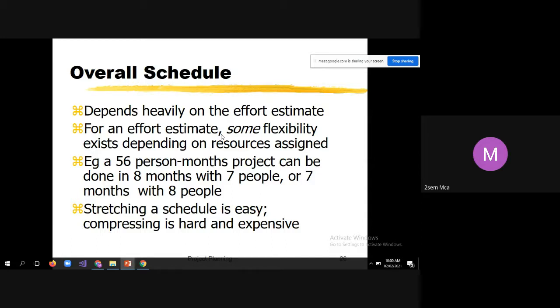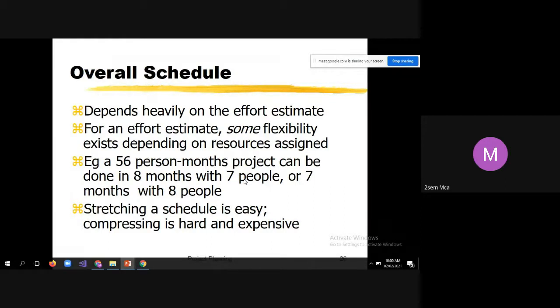Say initially we assume that the project has to be completed within 8 months, and the total effort required is 56 person months. So we thought, let us finish this project within 8 months, and only 7 people are required.